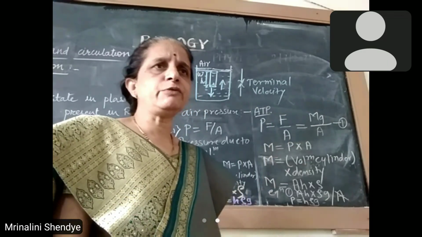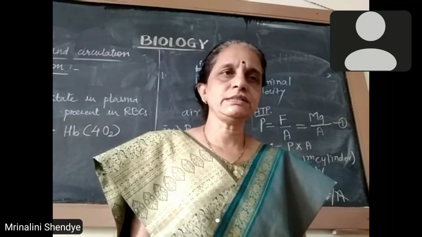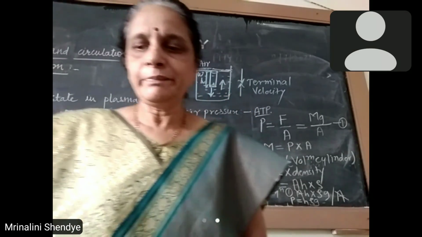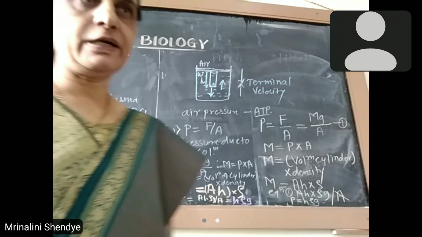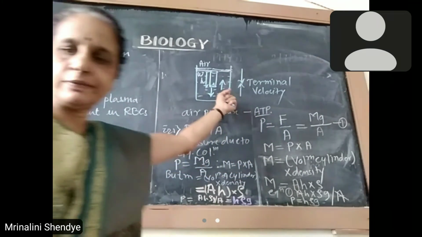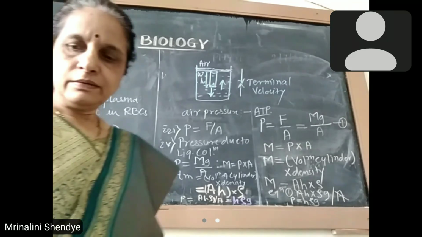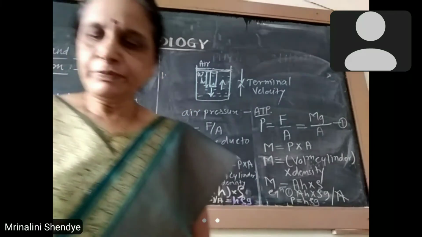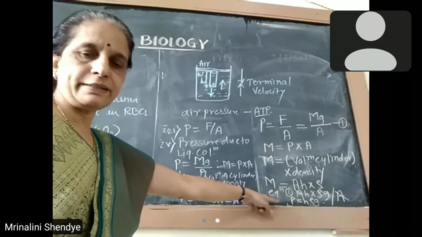Remember this formula, and we have to verify so many derivations as well as so many concepts related to this. But till now, you have to remember pressure due to liquid, because I have used here liquid. Pressure due to liquid of the cylinder or any type of cylinder at a density rho can be calculated like this.